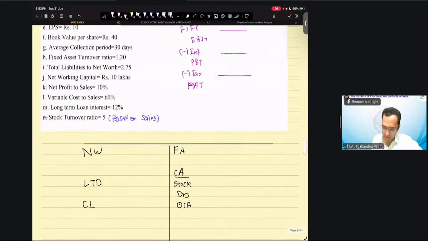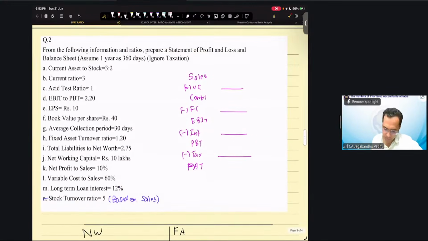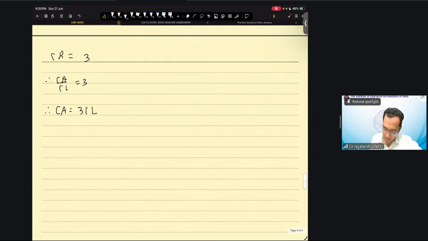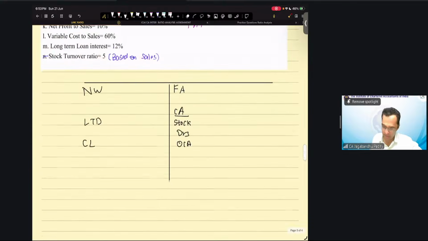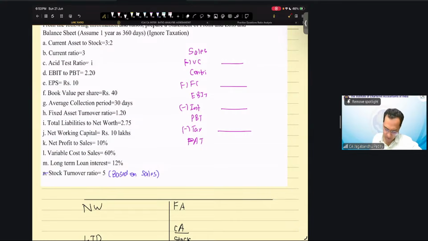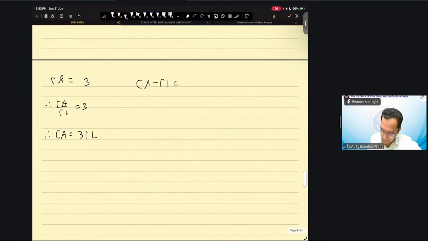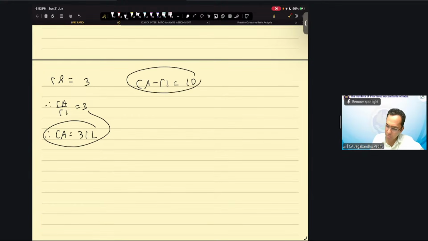And then we have net working capital, or current asset minus current liabilities, which is 10 lakh. Solving these two, you should be able to get the current asset and current liabilities.